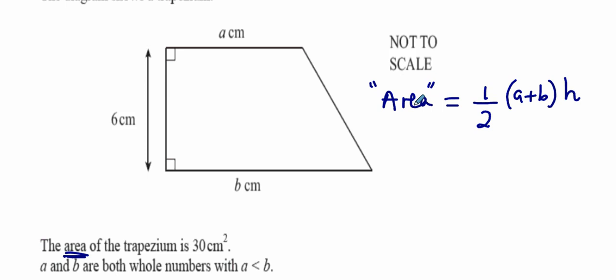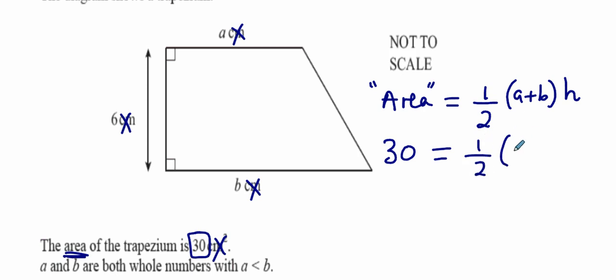Area is 30 centimeters squared, so ignore the centimeter square. So area is 30 equals half. We don't know the value of A, we don't know the value of B, but we are given that A is any number less than B.